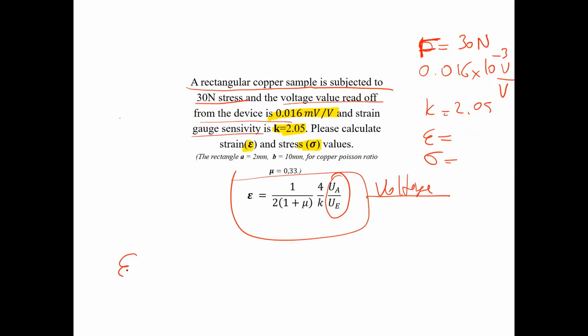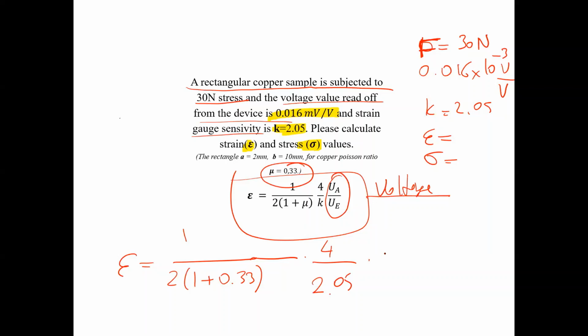And here, one plus 0.33, this is the Poisson ratio, times 4 divided by 2.05 and 0.016 times 10 to minus 3.